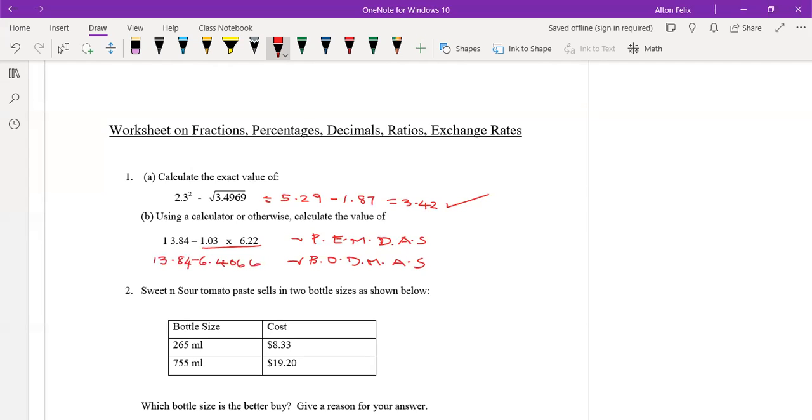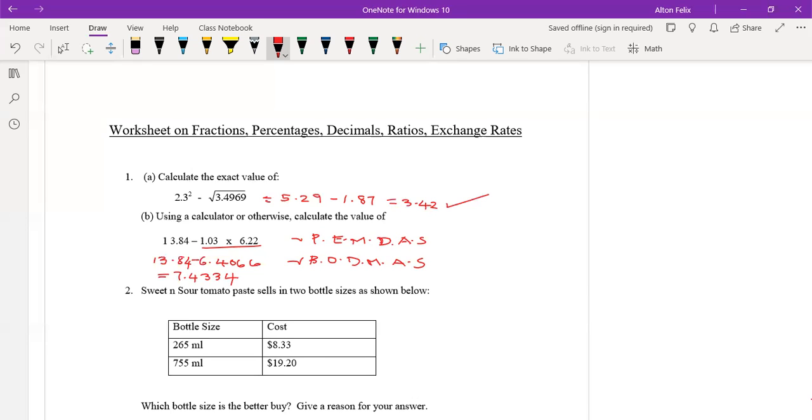Right, let's see what our final answer will be. So we are taking this away from 13.84. 7.4334. Right, so that's the exact value.